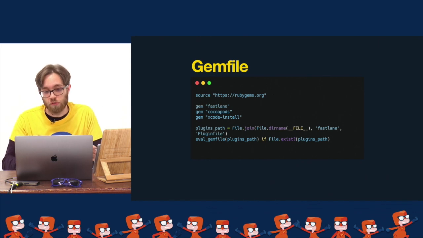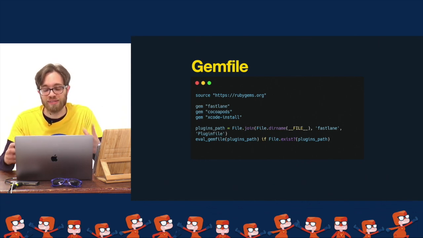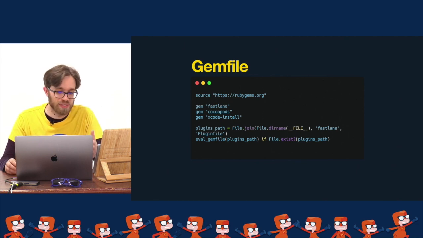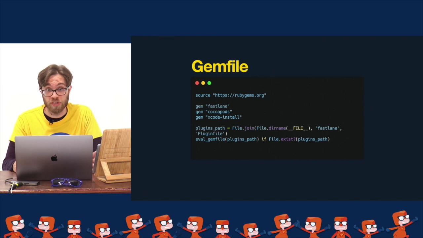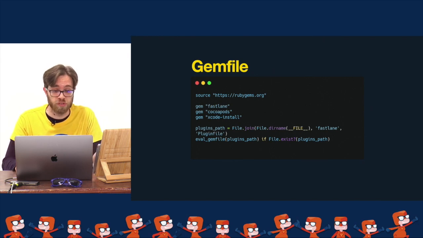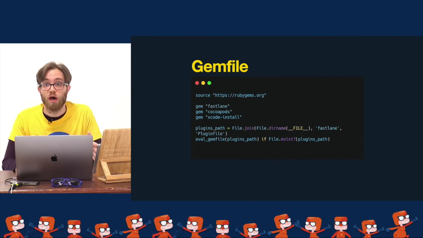And I can also, for Fastlane, for instance, script with Ruby some external rules. In this case, I'm telling my environment to use a special file called Pluginfile in the Fastlane folder. This is kind of standard if you're using Fastlane for automations and for continuous integration and delivery. And this is about Ruby files.